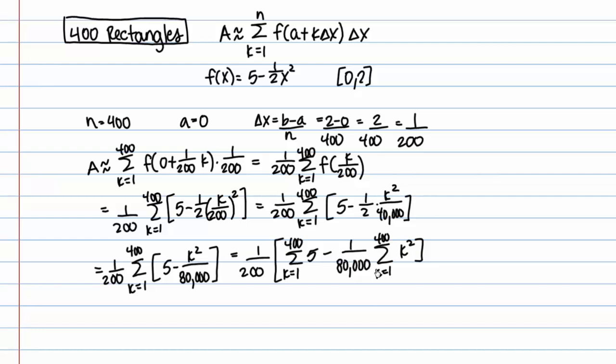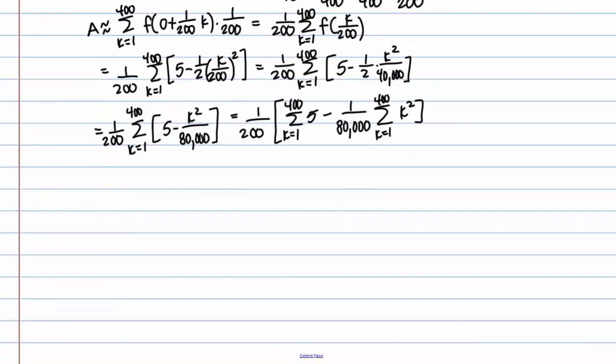Okay, and then once again, I want to use my summation formulas here to evaluate these sums and get a numeric answer. Here are those again, and let's use those.